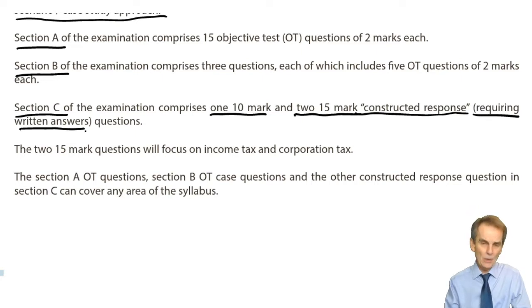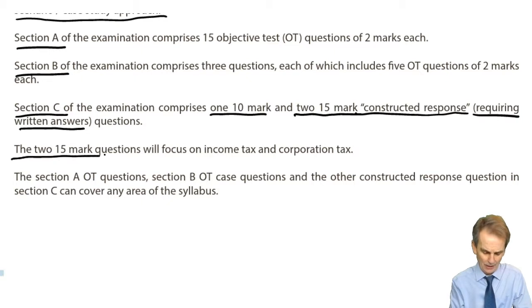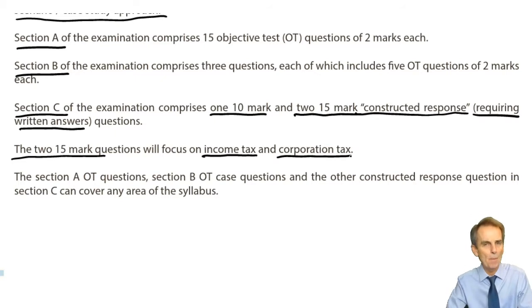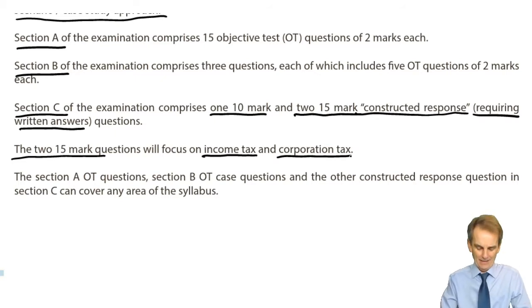It will be a mix of still mostly computational, but some written work as well. Now, the thing that we are told about in terms of these 2 questions, as this note says here, is that those 2 15-mark questions will focus on income tax and corporation tax. Focus. So there may be other bits involved, but they're going to focus principally on those 2 taxes. So there we go. The 2 big taxes have the 2 biggest questions allocated to them on this examination paper.